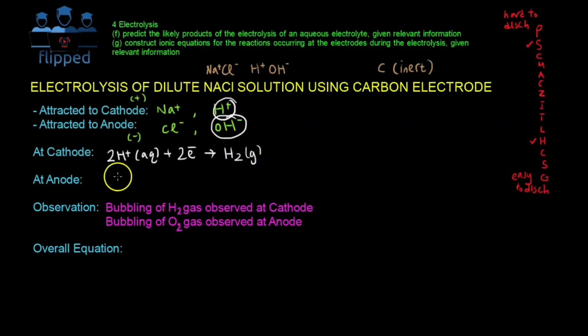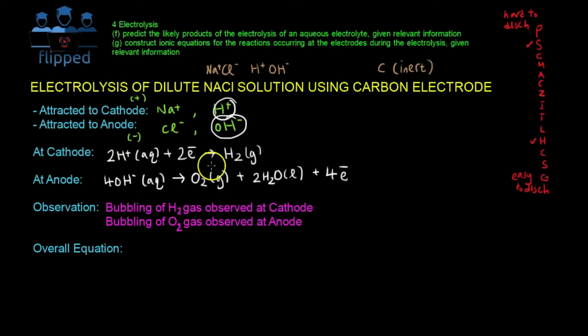Whereas at the anode, it's 4OH- (aq) to give us O2 gas plus 2 units of water, liquid, plus 4 electrons. If you're wondering how you can derive this, going from OH- to whatever is being needed, I can just tell you that you can just memorize this. These two are up for memorization.